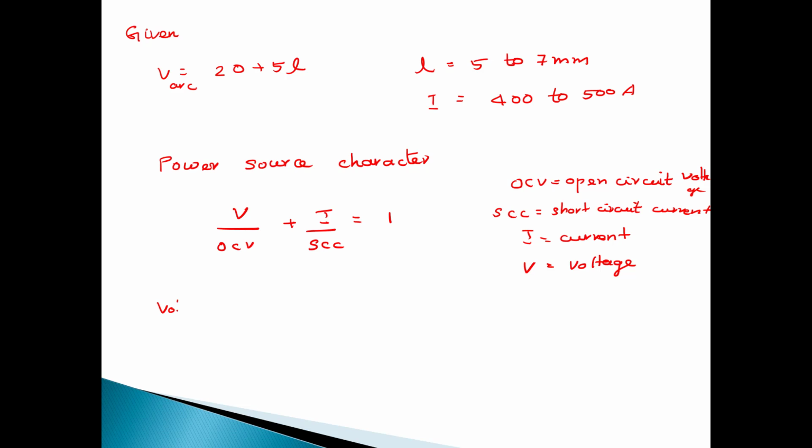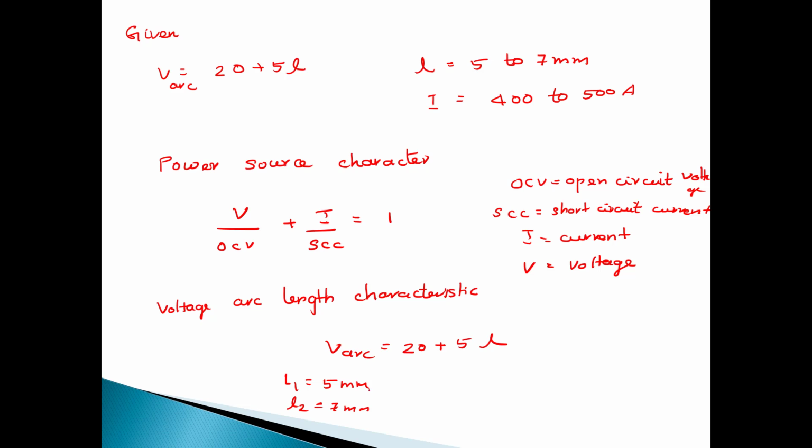From the voltage or length characteristic, V equal to 20 plus 5L. So here L1 equal to 5 mm, L2 equal to 7 mm.